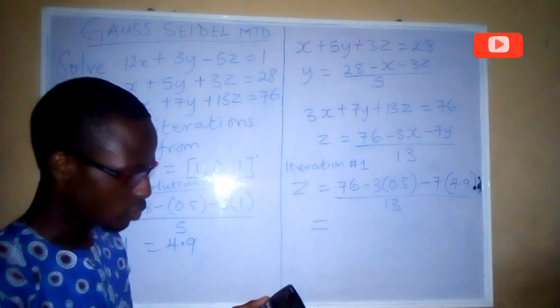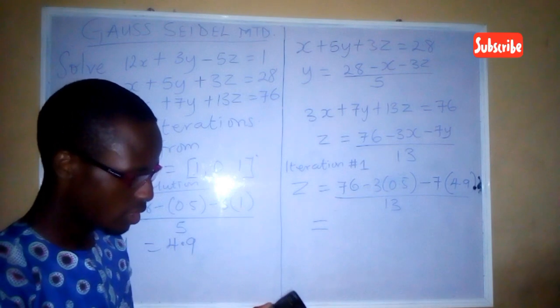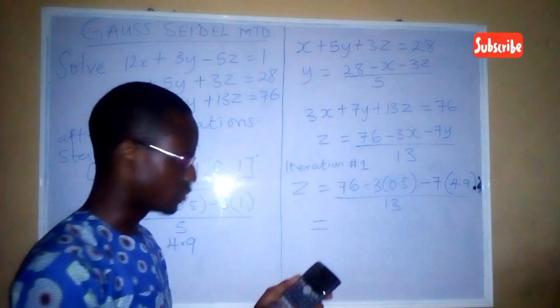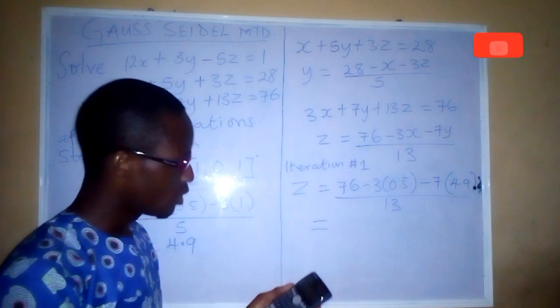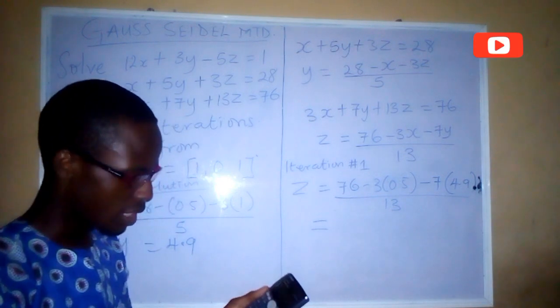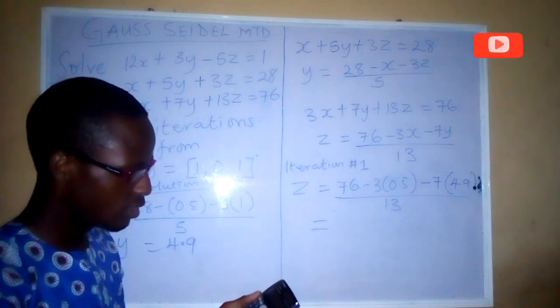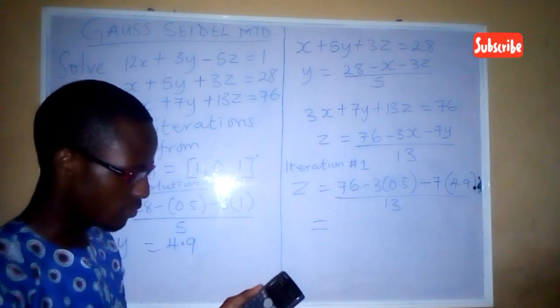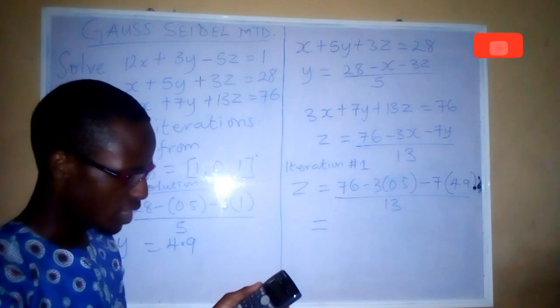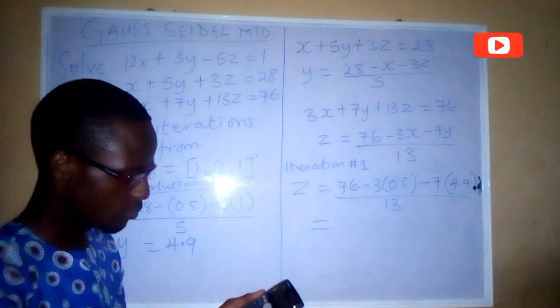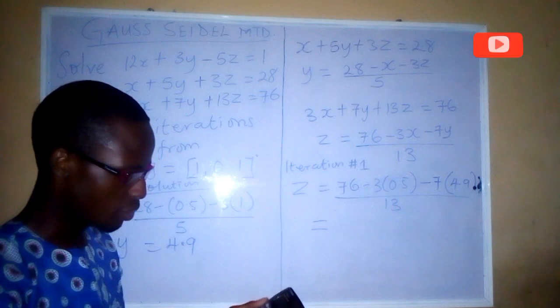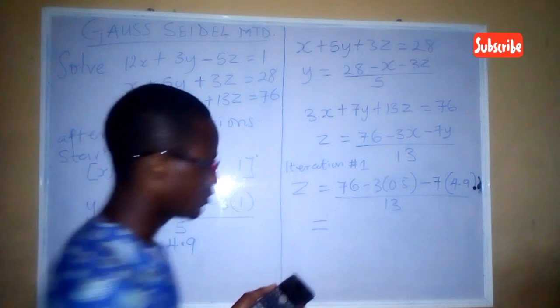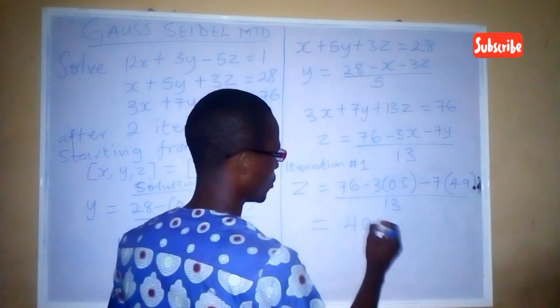Then we have 7 times 4.9, which gives us 34.3. So we have 76 minus 1.5 minus 34.3, and that gives me 40.2.